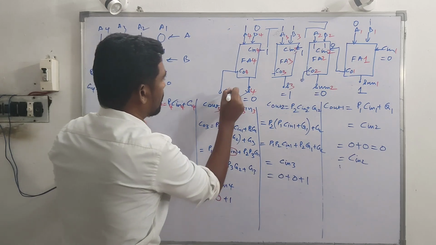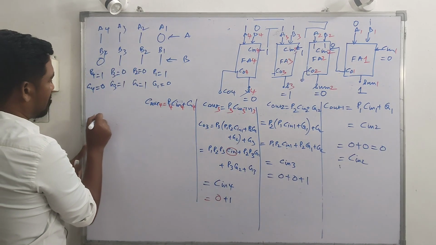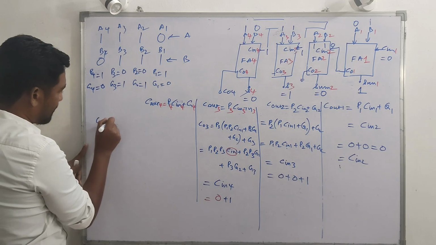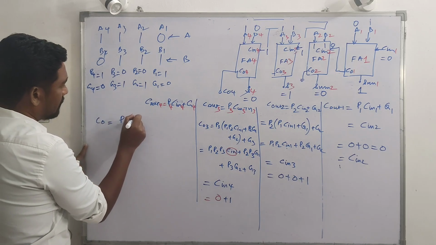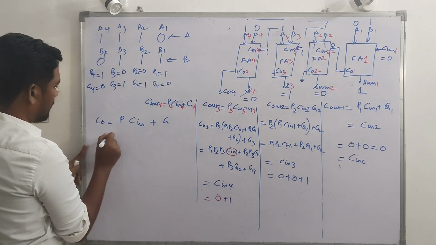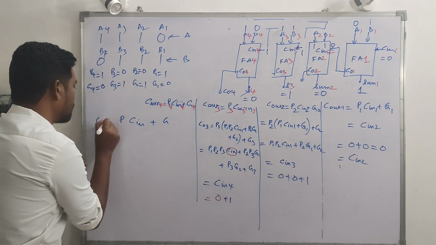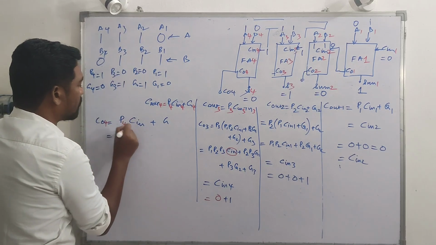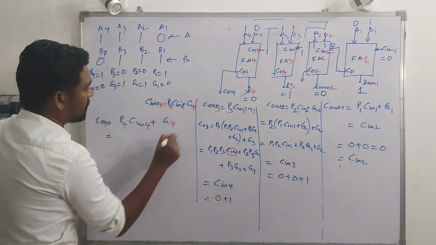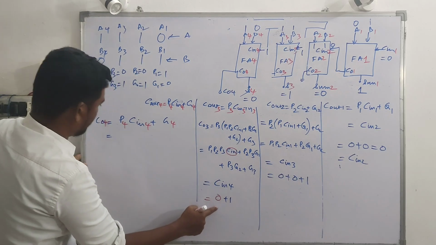What about C out 4? Carry out 4. What is C out in general? It's P, C in plus G, isn't it? If we talk about C4, it will be P4, C in 4 plus G4. C in 4 is found out to be 1.